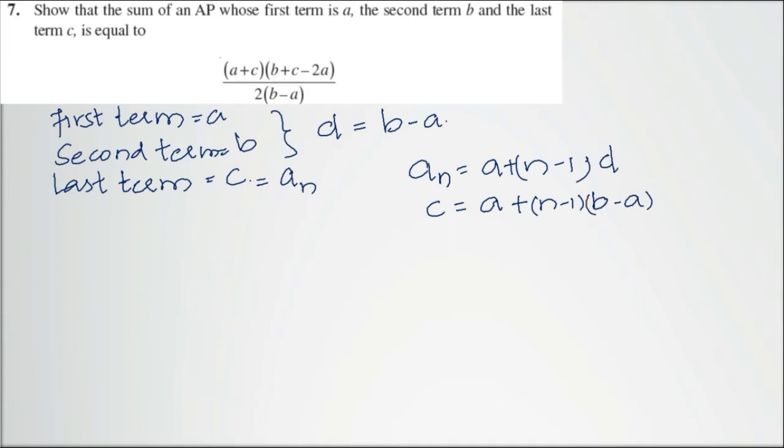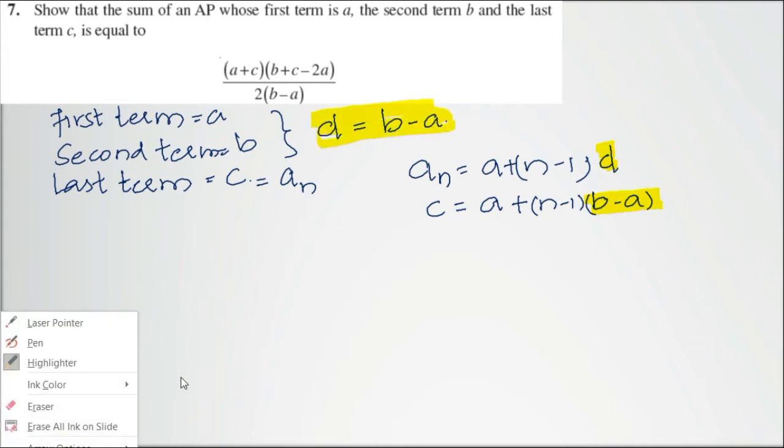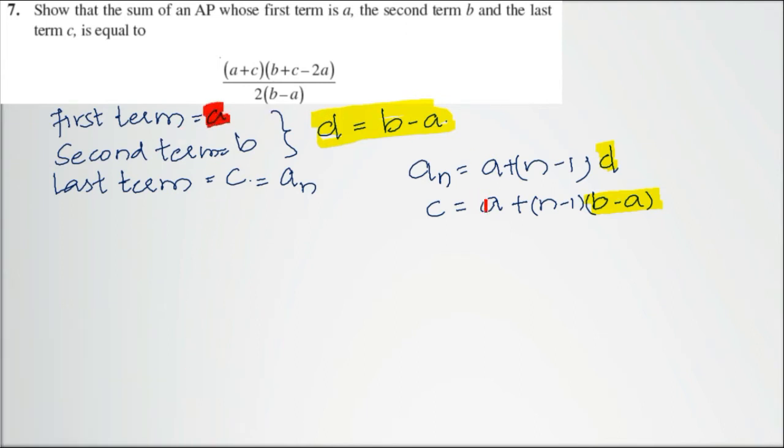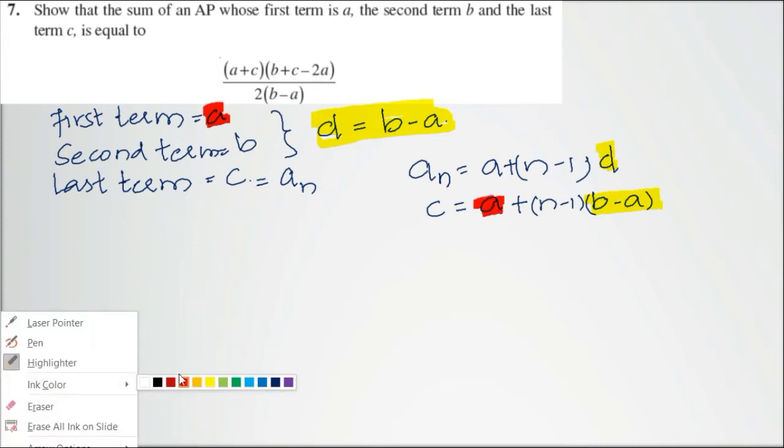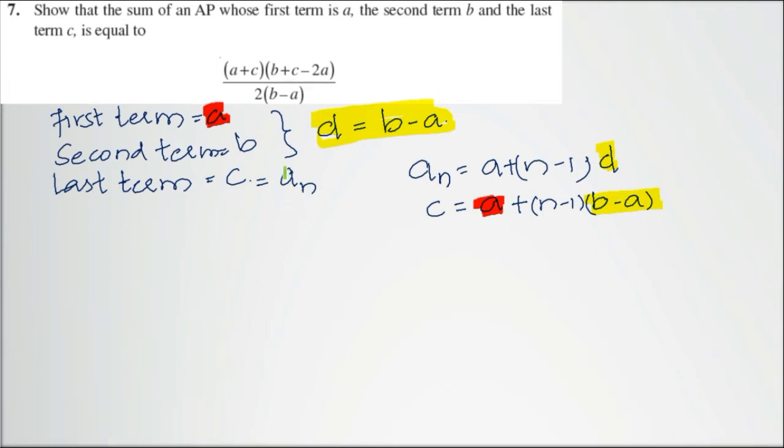Here, very important, let me highlight that the common difference is changed to b minus a, because we have found the common difference as b minus a. First term will remain same. This is the first term a, it remains same a. This is the nth term, which is c. So I have replaced nth term with c.